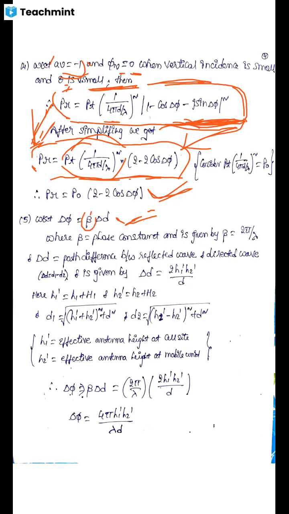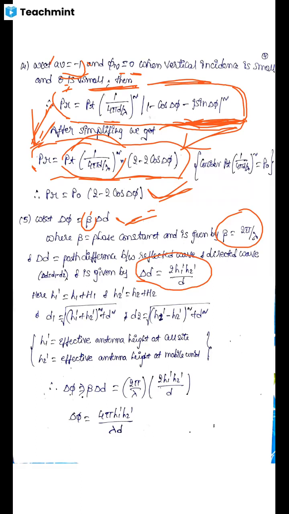So beta is the phase constant given by beta is equal to 2 pi by lambda, and delta d is the difference between the reflected wave and the direct wave. After simplifying the expression for delta d, that is d1 minus d2, direct wave and reflected wave, if I subtract both the values, I will get delta d is equal to 2 h1 h2 by d after simplifying the expression.